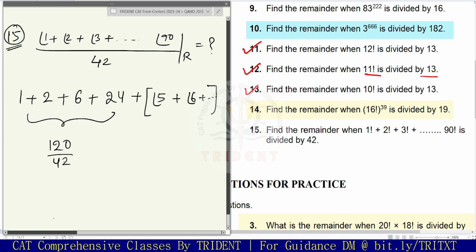If you look at 42 into 3, that is 126, more than 120 in the numerator, so it will have to be 2. So 120 minus 84: 10 minus 4 is 6, and 12 minus 8 is 4, giving 36. So I will add a 36 in its place.